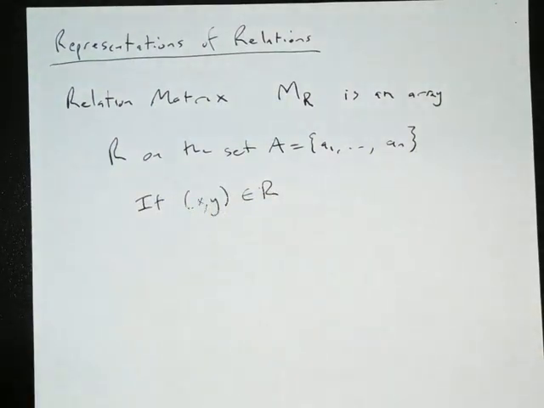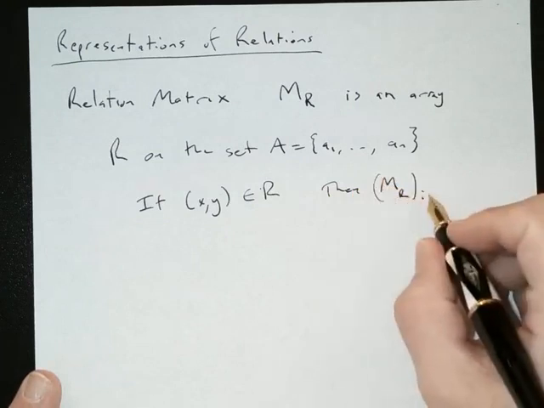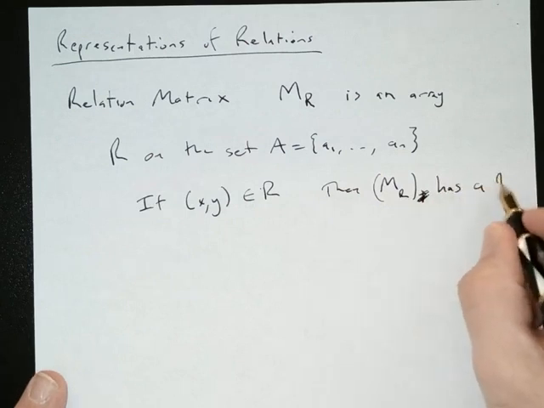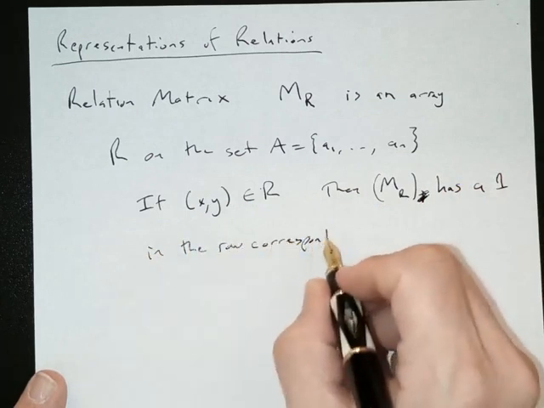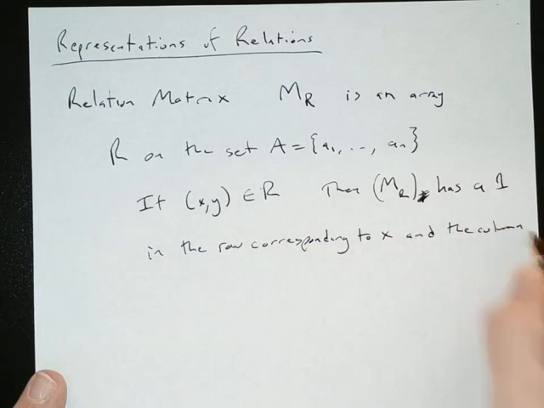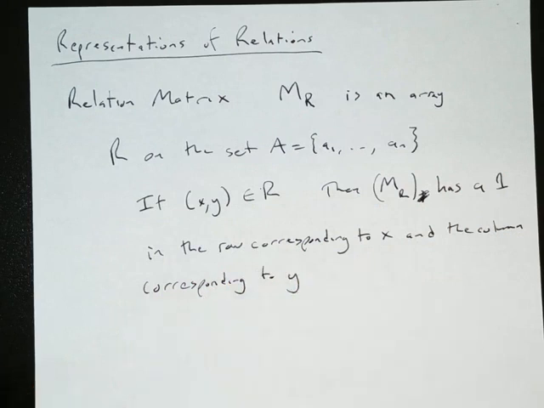So if I have an element, x, y, then in my array, I will put a 1 in the spot where row matches the x and column matches the y.